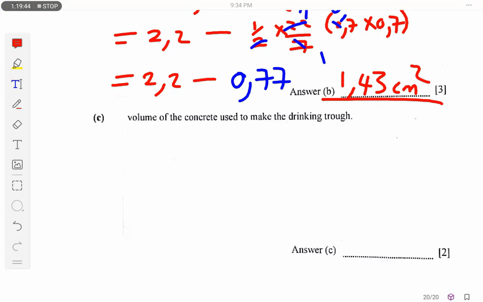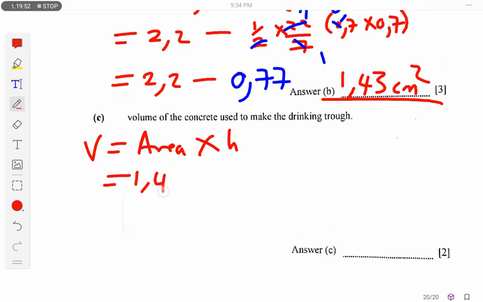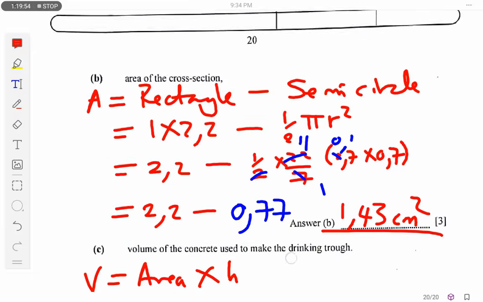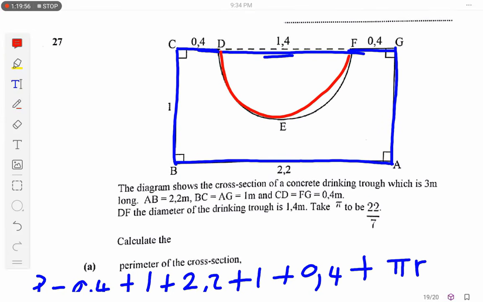Then the volume used to make the drinking trough. The volume, you find out, we can say volume is equal to area times height or length. Our area is 1.43, our length we were given there is 3 meters long.